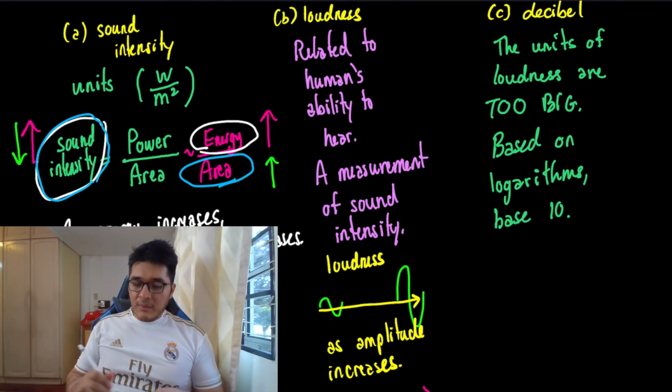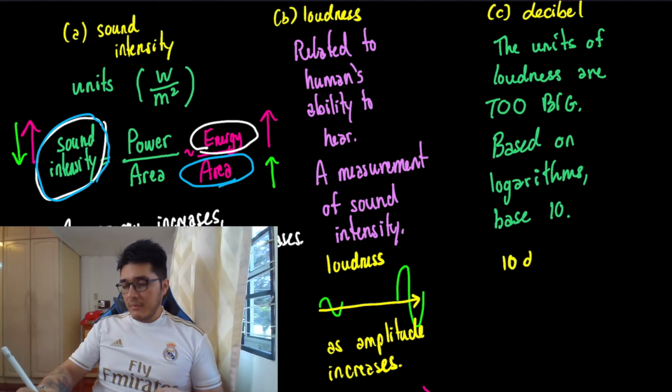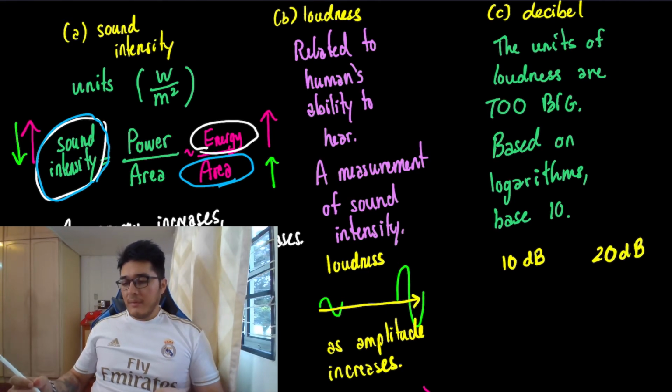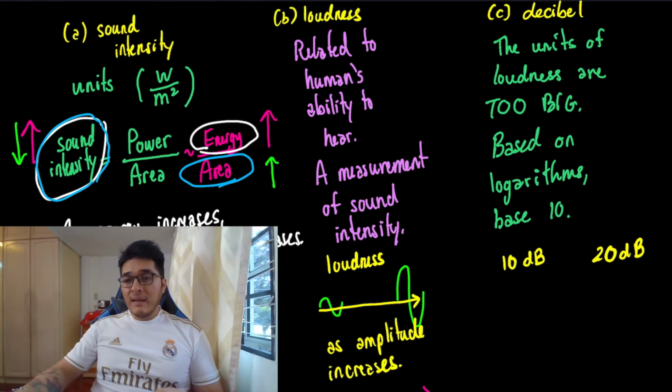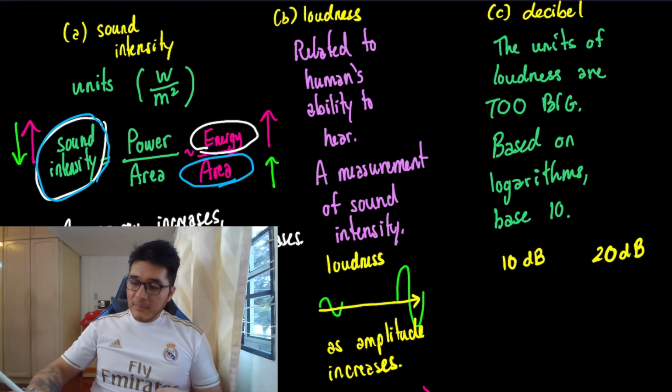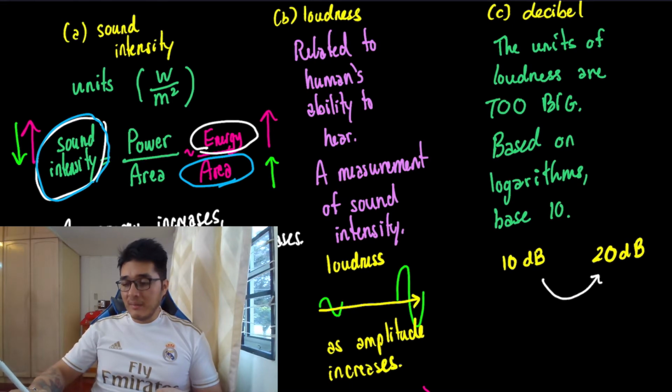One easy way to look at it: let's say you have 10 decibels, and then you increase it to 20 decibels. One way to look at the sound intensity or the loudness is that it has increased by a factor of 10.